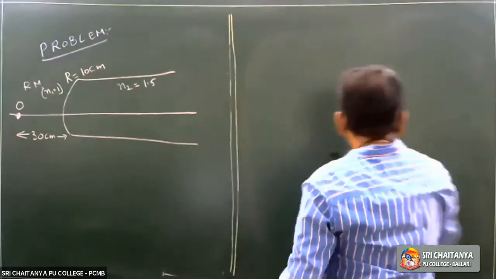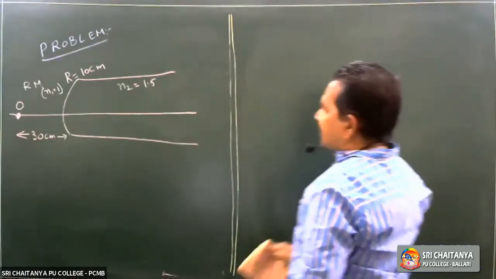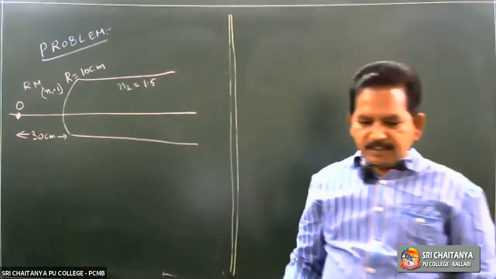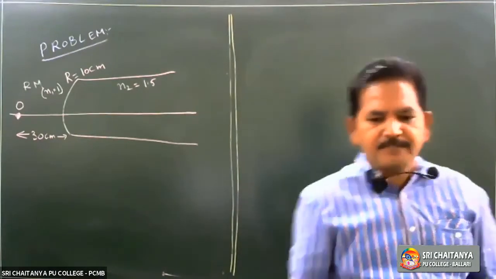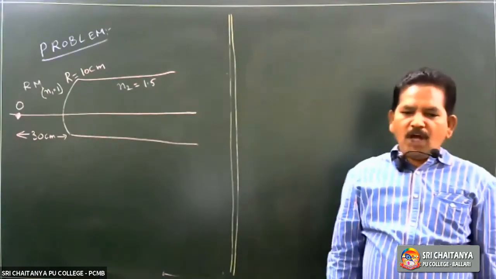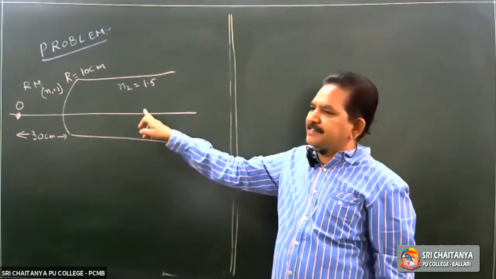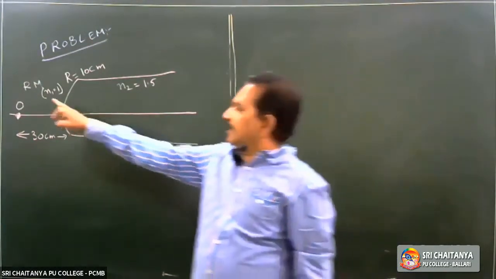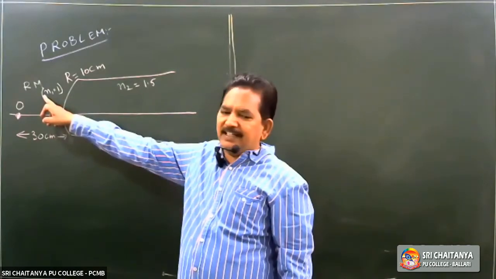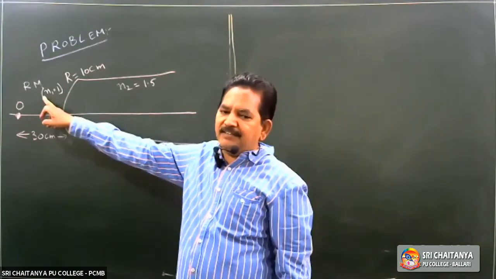Third problem. There is a convex spherical surface with the principal axis. Air medium, rarer, refractive index 1.